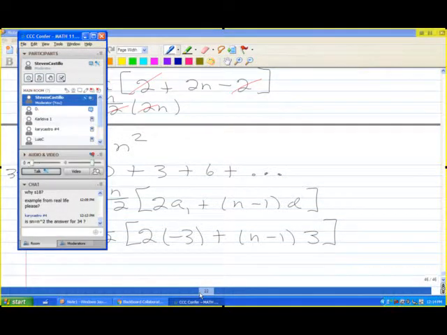Question? So when we did this on Tuesday, I just gave you the formula, and then we proved it using mathematical induction. Here, I'm actually deriving it.